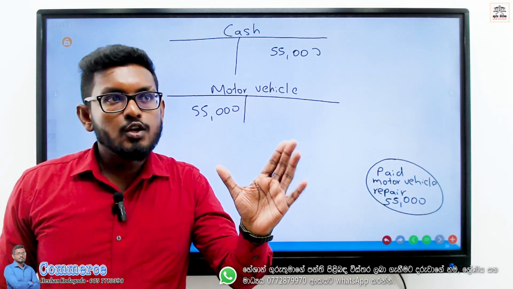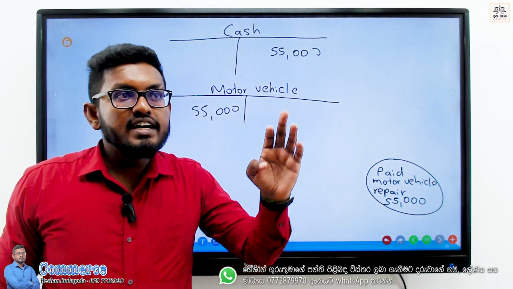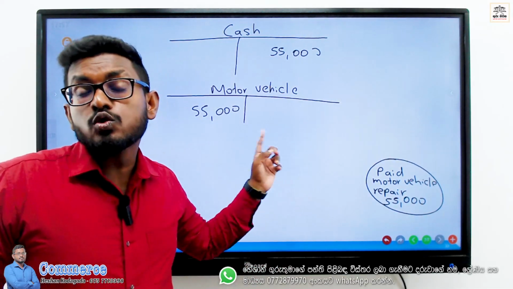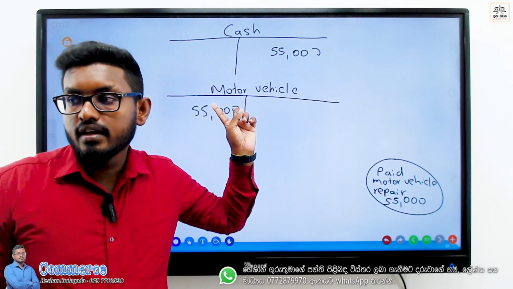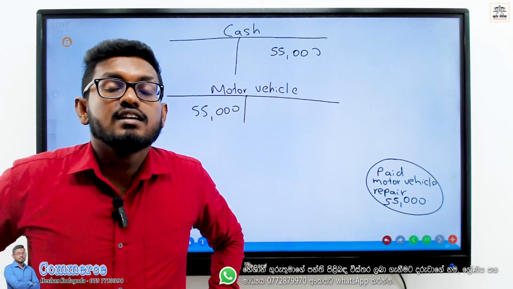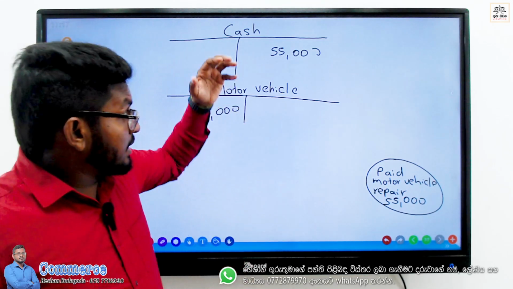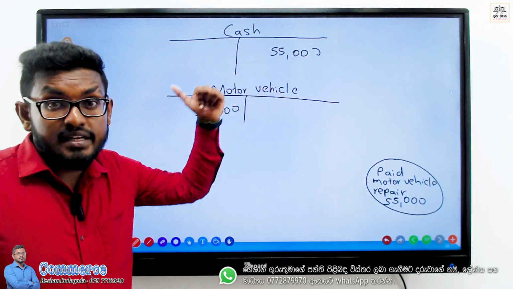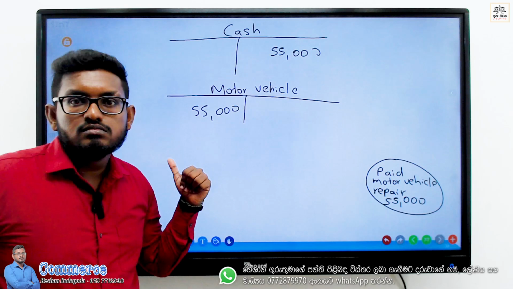Expenses cannot be debited into assets. The debit and credit entry is okay, but the debit entry is incorrect.